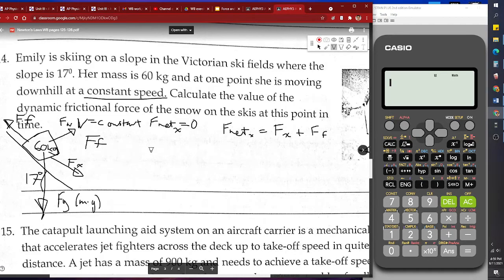I'm going to redraw this so it's more comfortable and we can see it more clearly. We have a vector diagram to represent mg, the weight force, and then a vector to represent the normal force. That's more realistic.